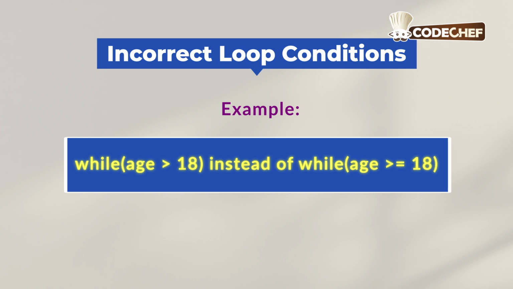If we want to execute a piece of code only when the variable age is above 18 or equal to 18, then we should write while age is greater than or equal to 18. But by mistake we write while age is greater than 18. So by chance, if age turns out to be equal to 18, then the program will not show correct output in that case. This is called incorrect loop conditions.